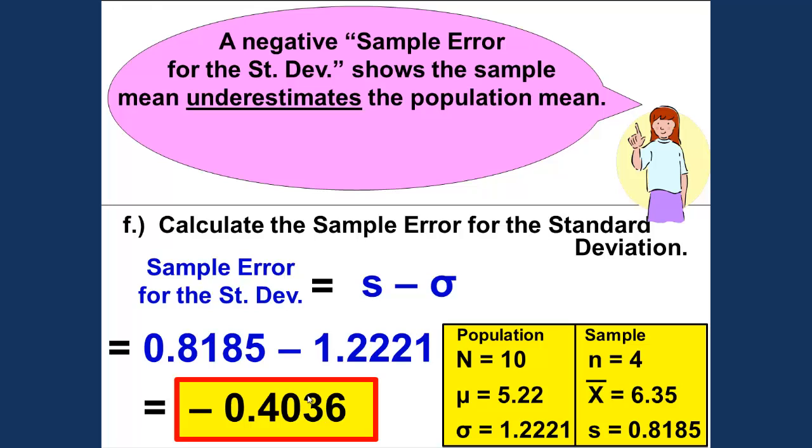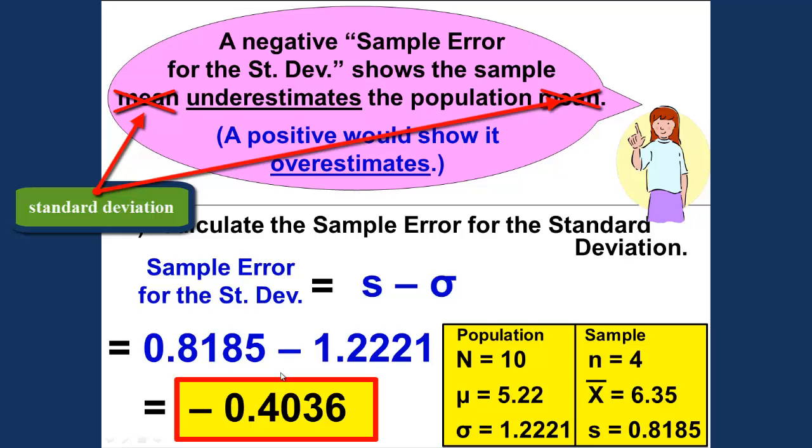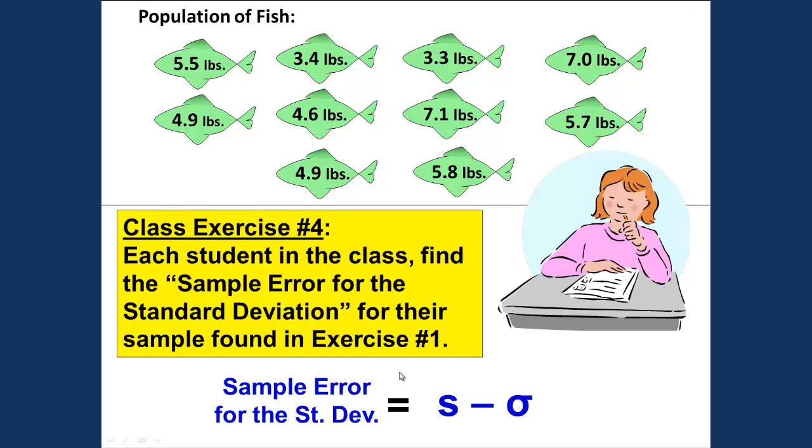A negative sample error for the standard deviation shows that the sample standard deviation underestimates the population standard deviation. And a positive would show that it overestimates. Again, those should be standard deviations and not the word means. And you can do the same to find the sample error for your standard deviation in your sample.